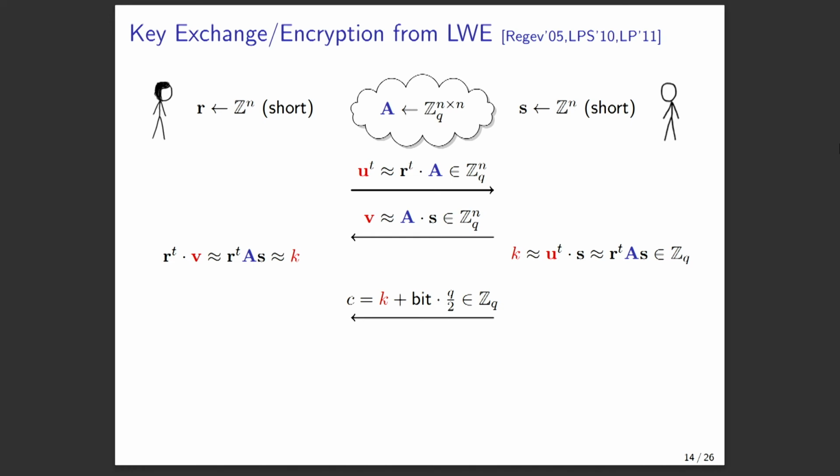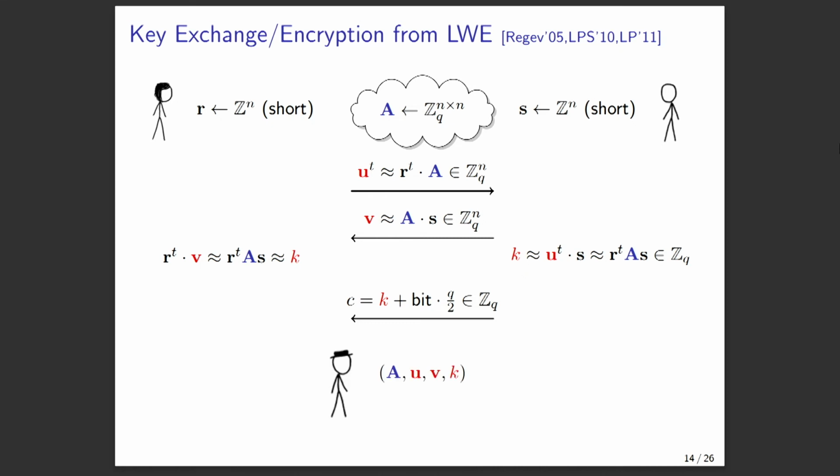So Bob can send a bit by taking K and adding either 0 or Q over 2. So kind of sending it to the other side of the clock or leaving it on the same side. So if Bob sends this over, Alice can just subtract off K and look at, is this close to 0 or is it close to Q over 2? And that indicates what Bob's bit was.